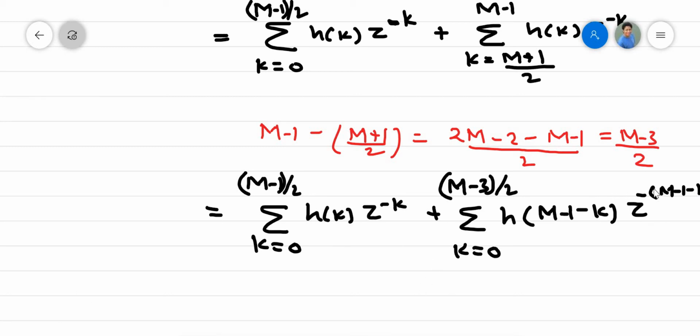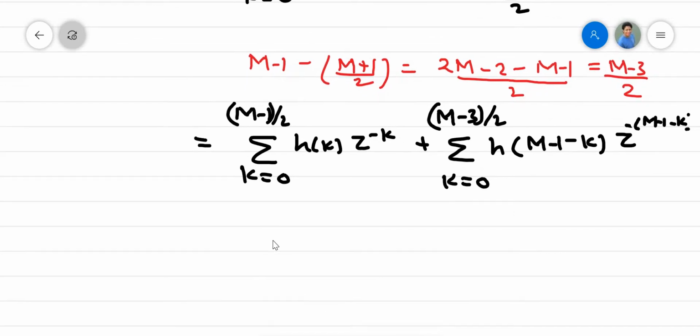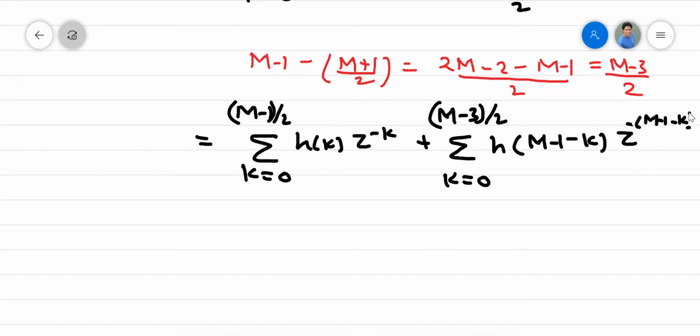I'll just rewrite this again so it could be much clearer. So, minus (M minus 1 minus k). Okay. So we have rewritten this equation in this form. By using the symmetry property of the linear phase FIR filter, h[M minus 1 minus k] will be equal to h[k], because this is a symmetric sequence, right?